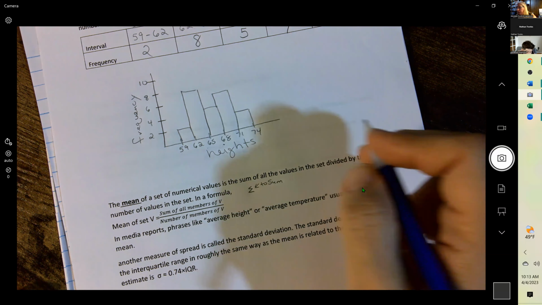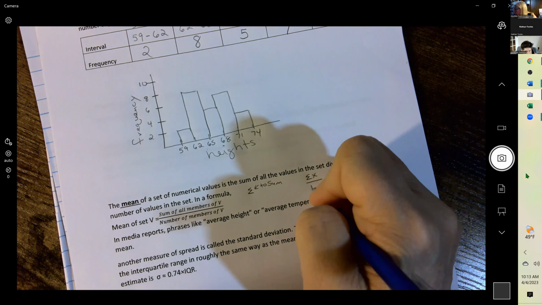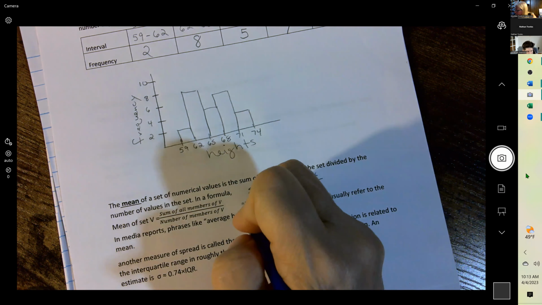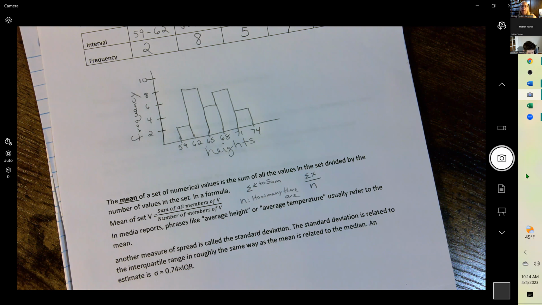So for the formula, you add up all the x values and you divide by how many there are. N is your sample size, and this means to add up all of the x values. It's a shorthand that can be used for the mean.